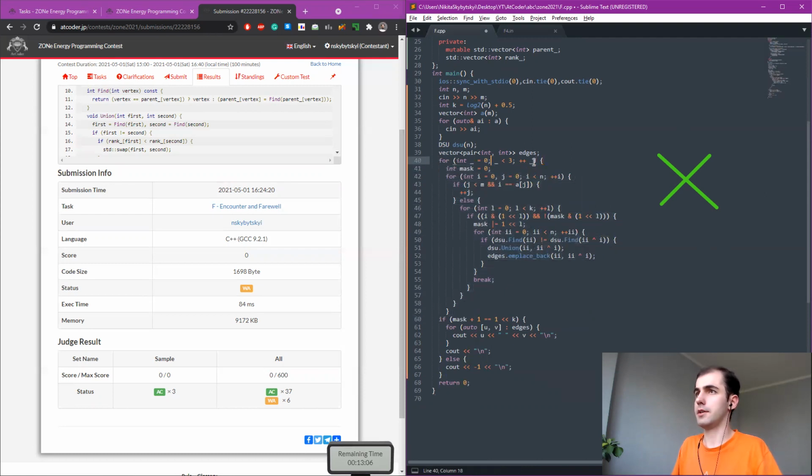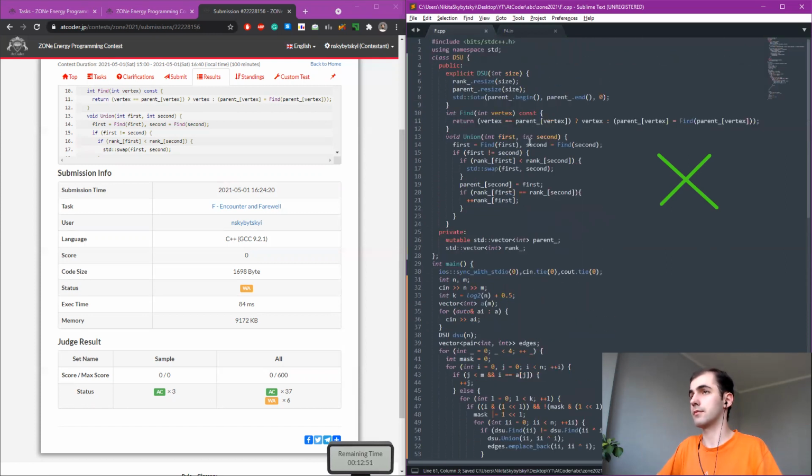And we have enough time to run this thing several times. And then actually count the size of this joint union.